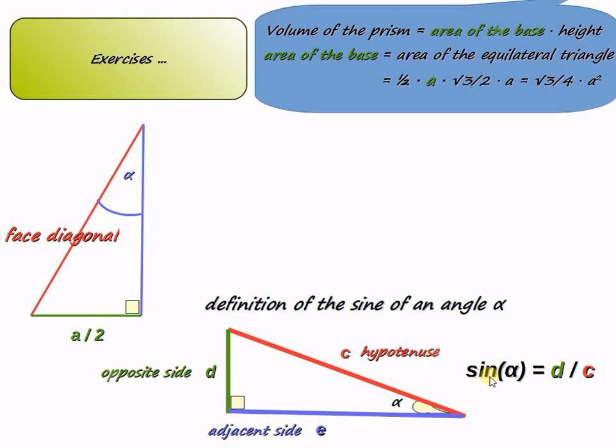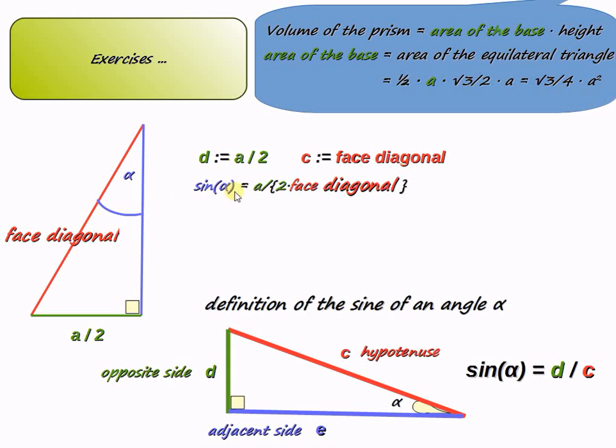And we simply apply this definition to the acute angle in our example. Keeping in mind that D, the opposite side of the triangle, is equal to half A, and C, the hypotenuse, becomes our face diagonal. This gives us sine of alpha is equal to A over open bracket 2 times face diagonal close bracket.